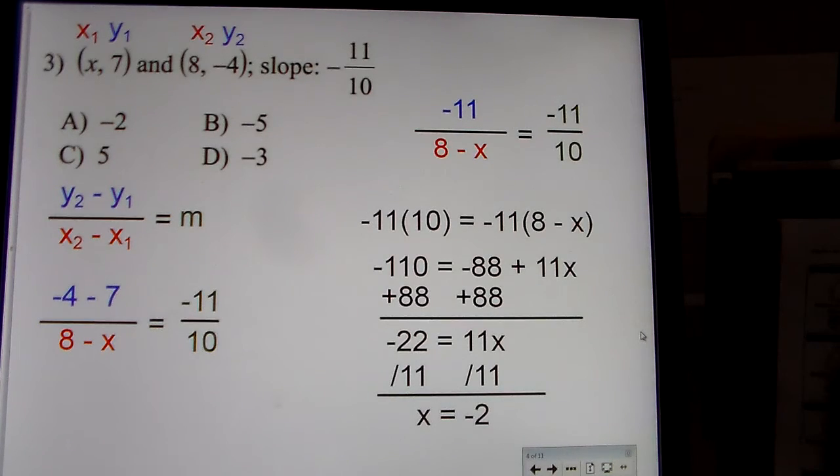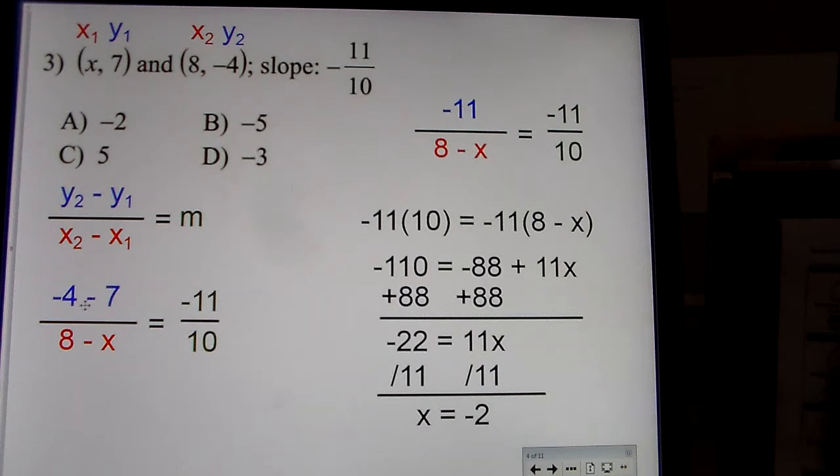Let's do number 3. Our two coordinates are (x, 7), and the other coordinate is (8, -4). And our slope is -11/10. Now, we have our formula. y2 minus y1 over x2 minus x1 equals our slope.